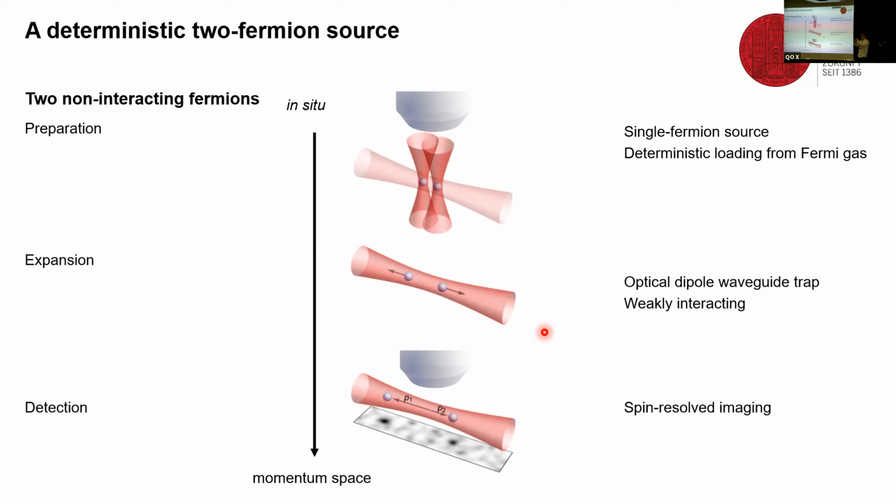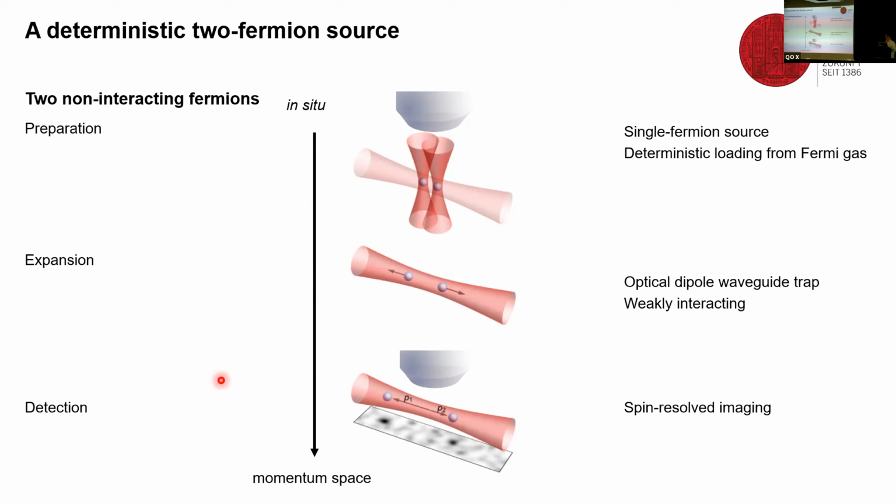So what would you see in momentum space? If I simply switch off the dimple, then the particle will just fly and move, and we will observe the momentum after some time of flight. Of course, we are interested in the line of sight between the two dimples, and that's why we use an optical waveguide along this direction in which we let the atoms move.